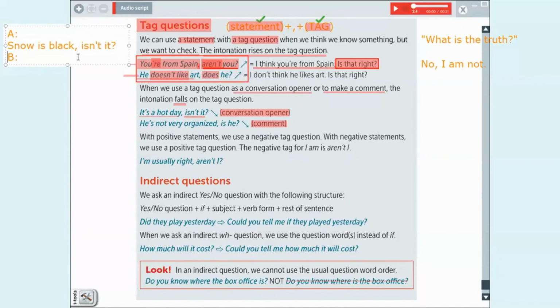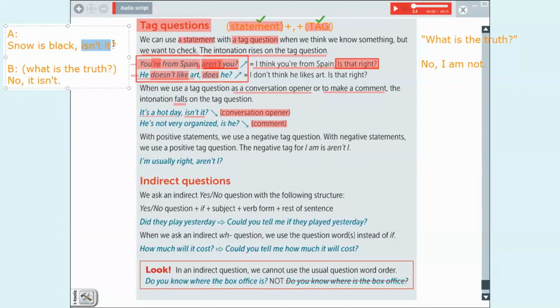If we're talking about snow, is the snow black? That's what we need to think about in that type of question. What is the truth? We know that snow is not black, it's white. So we know that this is false. So in my answer, I can say, no, it isn't.